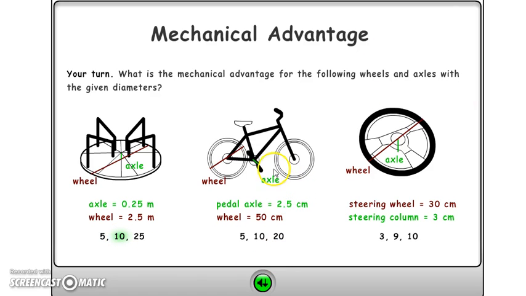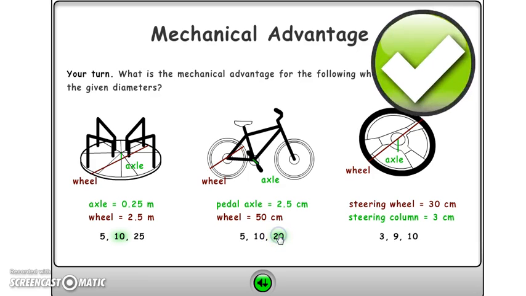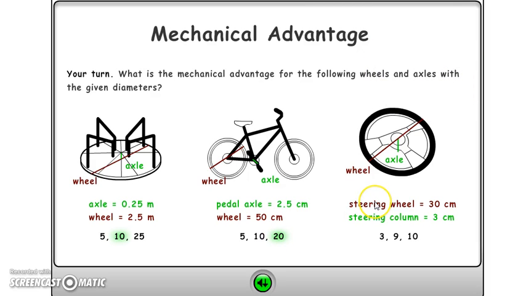Let's move on to this bike, where the axle diameter, that being the pedal, is 2.5 centimeters, and the diameter of the entire wheel is 50 centimeters. So, what's 50 divided by 2.5? Should be 20. Yep, good work. Now let's look at the steering wheel.